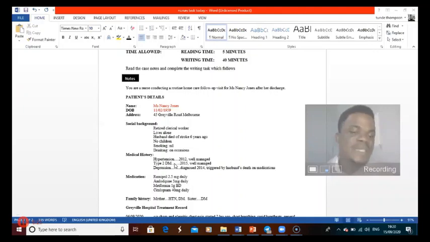Pericarditis can be caused by infection, by trauma, and by many other things. But because it deals with the heart, whenever you are diabetic and hypertensive, you are at risk of heart diseases. So we'll add two of them.